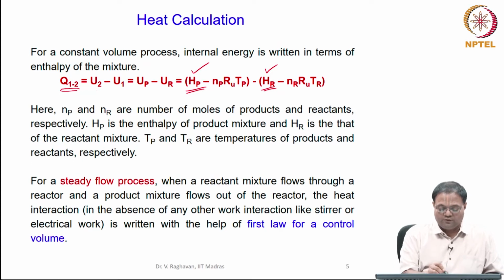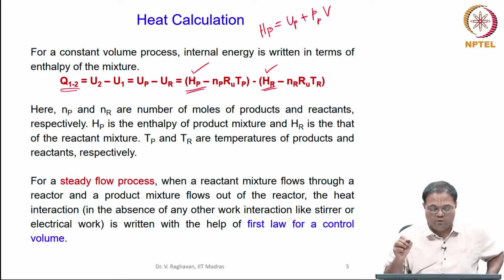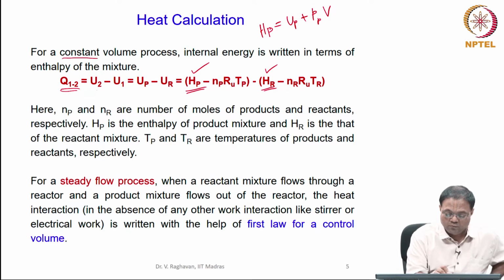In this case, for example, Hp, the product's enthalpy, can be written as Up plus the pressure of the product into the volume. It is a constant volume process, so the volume is constant.